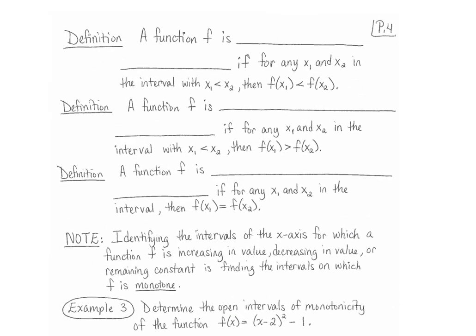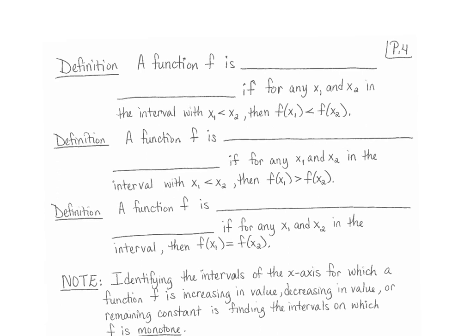A few more definitions. This page is all about monotonicity. Remember, we're determining whether our function is increasing or decreasing. So a function f is increasing on an interval if for any x1 and x2 in the interval with x1 less than x2, then f of x1 is less than f of x2.